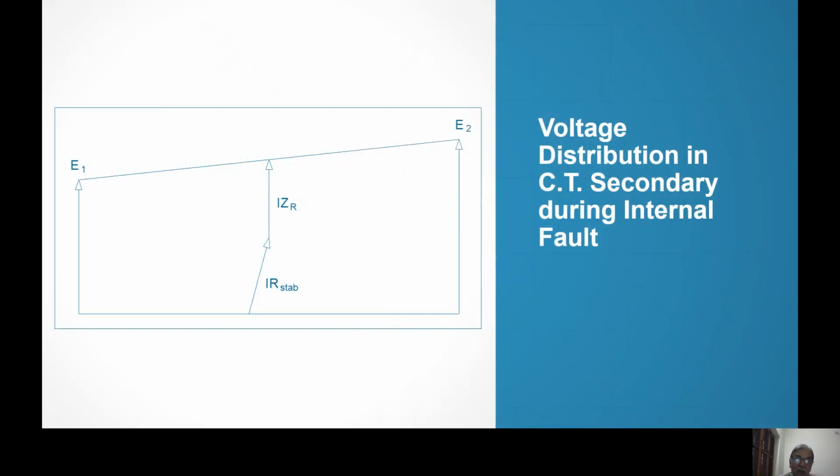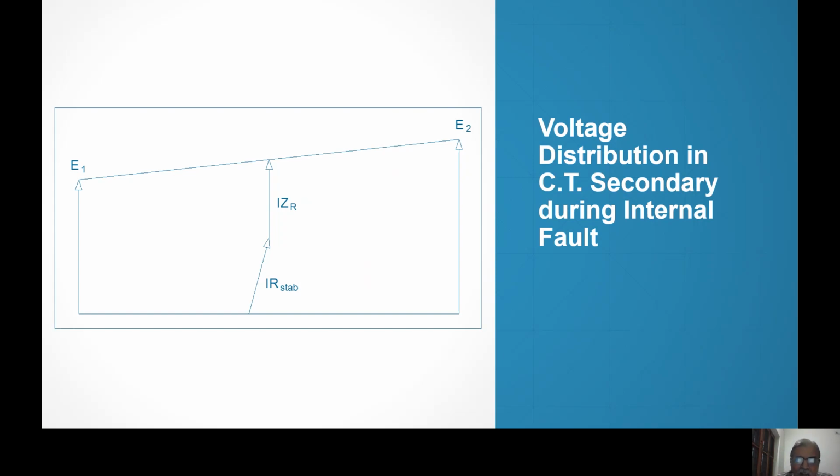This is not possible. If an external fault occurs, then E2 will reverse and it will be high because the whole system is feeding. Therefore, the voltage across the CT will be very high, the voltage across the relay will probably be very high, and the relay insulation may be damaged.